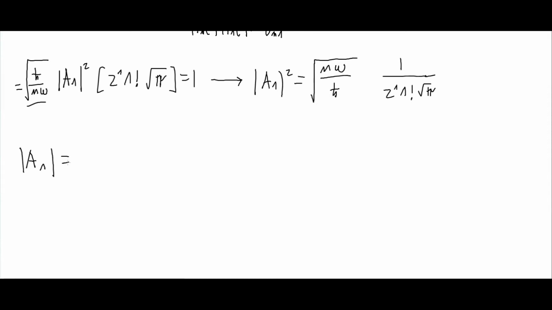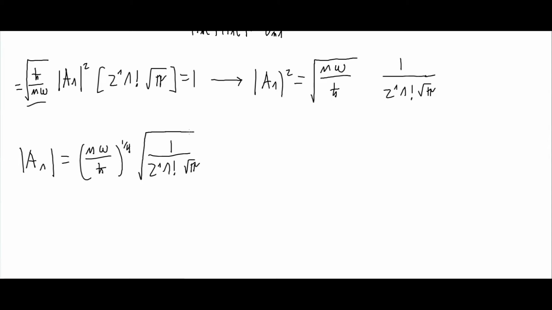So a sub n being equal to, so now we have m times omega over h bar. So we took the square root of this, so what we end up with is the 4th root of that, then times 1 over 2 to the n factorial square root of pi.